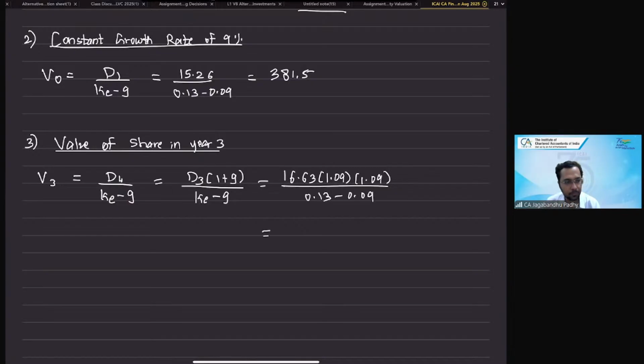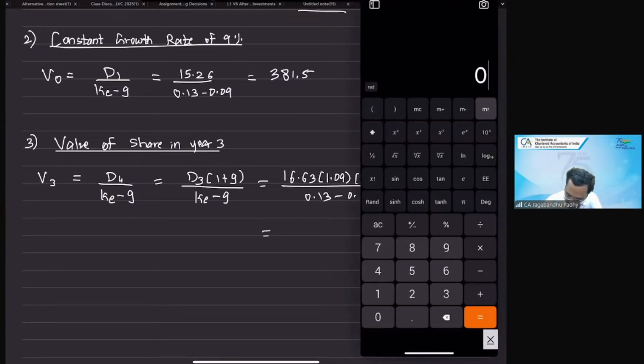So what's the value of the share in year 3? 493.95.